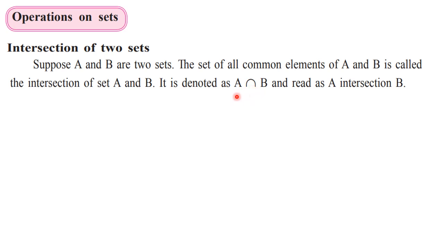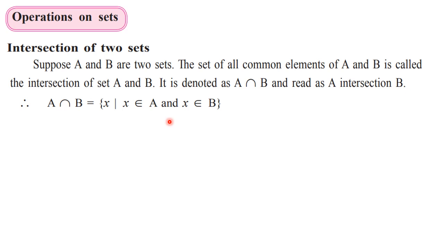We read it as A intersection B. Then we saw how to write it in rule method. A intersection B is the set of all x such that x belongs to A and x belongs to B. This word "and" is important. It stands for intersection, meaning the elements are present in both the sets A as well as B.